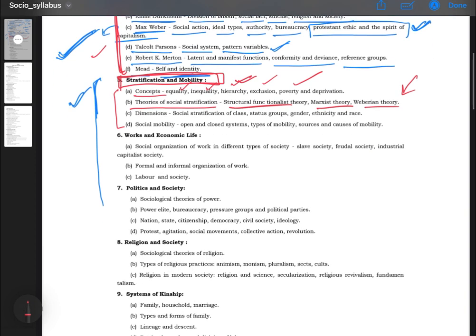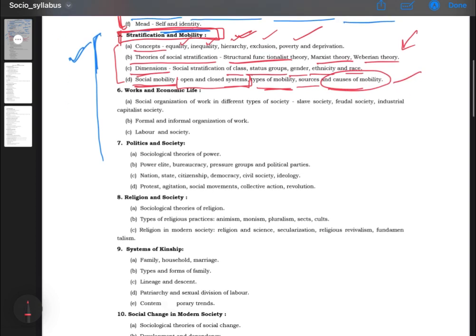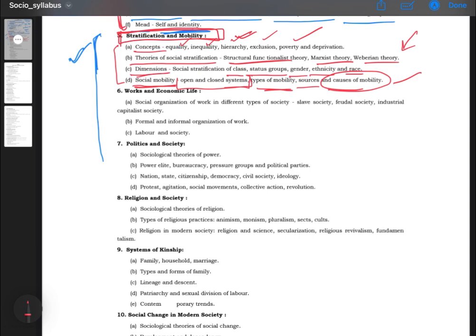All right. Next is different dimensions of social stratification: stratification of castes, status groups, gender, ethnicity, and race. The fourth chapter will be social mobility. What are open and closed systems? What are the types of mobility? What are the sources and causes of mobility? All right. In this, we will also look at how society is stratified.